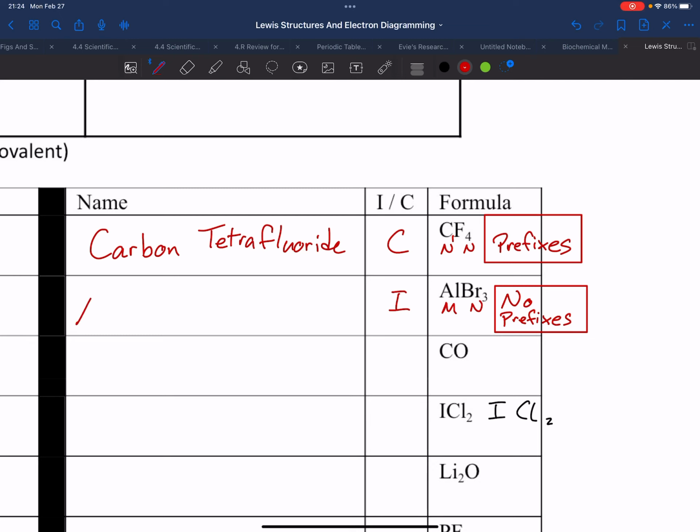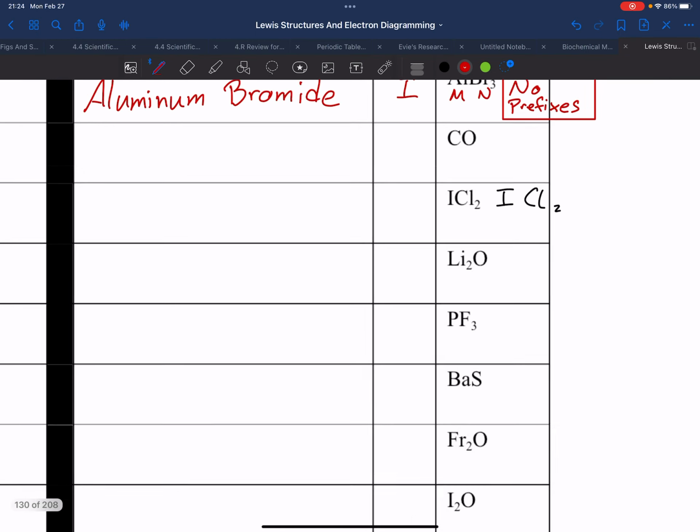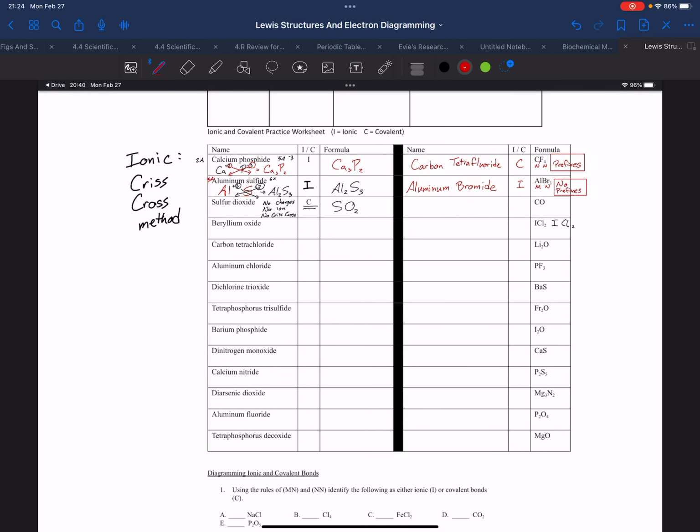So Al is aluminum or aluminium, and Br is bromine, but it's bromide because the ending changes to IDE. And you do that for the next 10 or 11, right here. And again, I'll be sharing a key with you so that you know if you did it right.